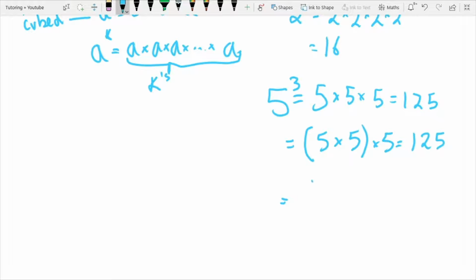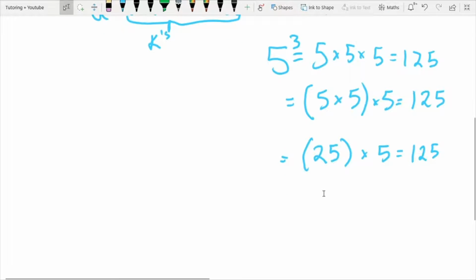Well, 5 times 5 is 25, times 5, and this sum is a bit easier to do. So you can say this is equal to 125. Well, what is 25? 25 is just 5 squared, because 5 times 5 is 5 squared, times by 5, and this is equal to 125.